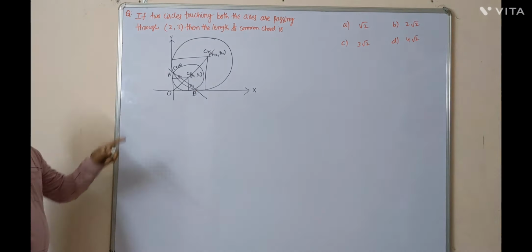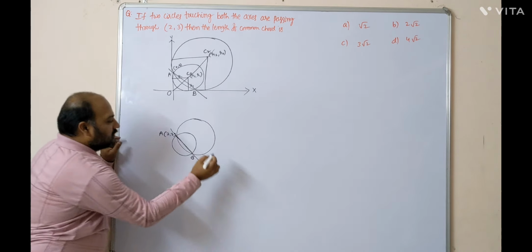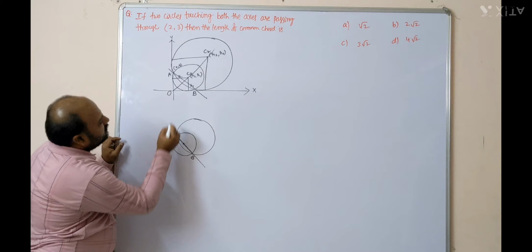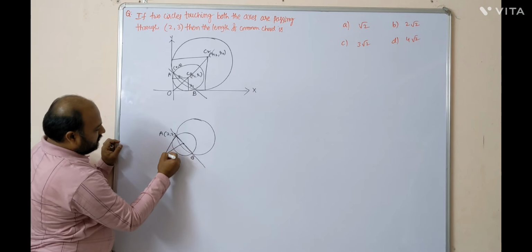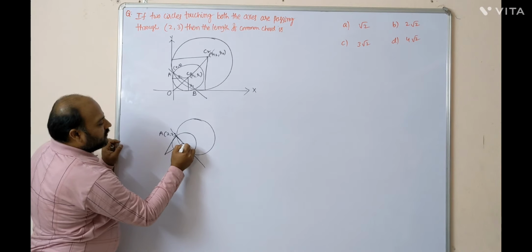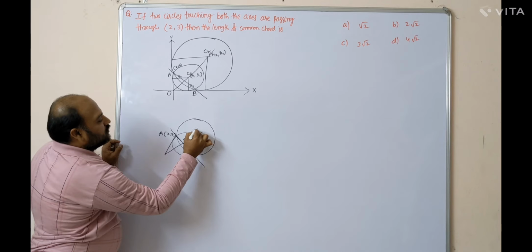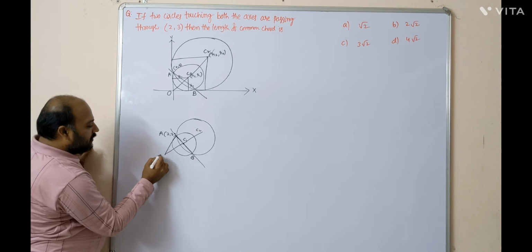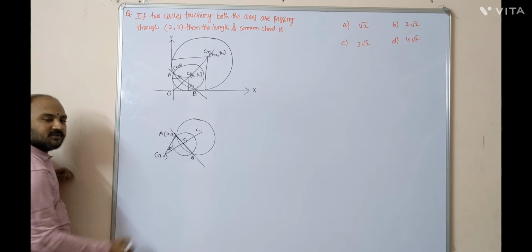So this is the chord, no? This point is 2 comma 3. This is A I am taking. This is B. So the AB length they are asking. D is the midpoint, so from here OD is there. This is C1, like C2. O means origin. This is theta I am taking, dear students.